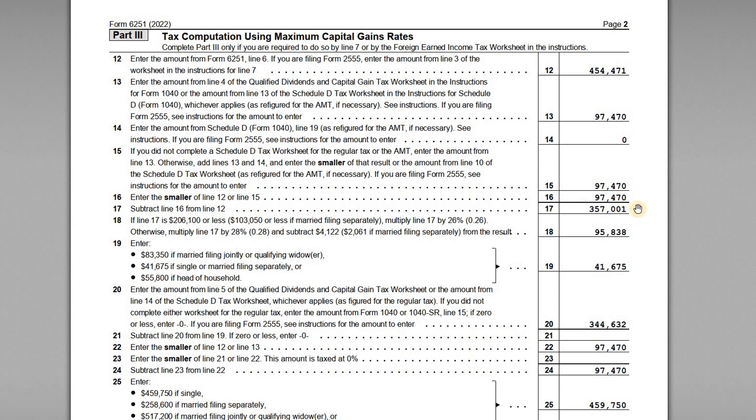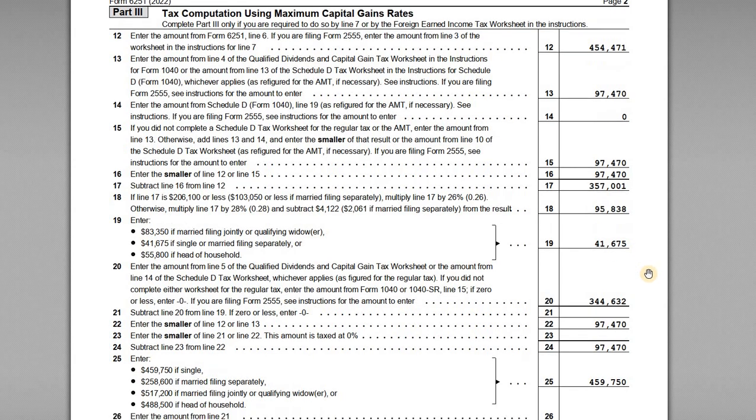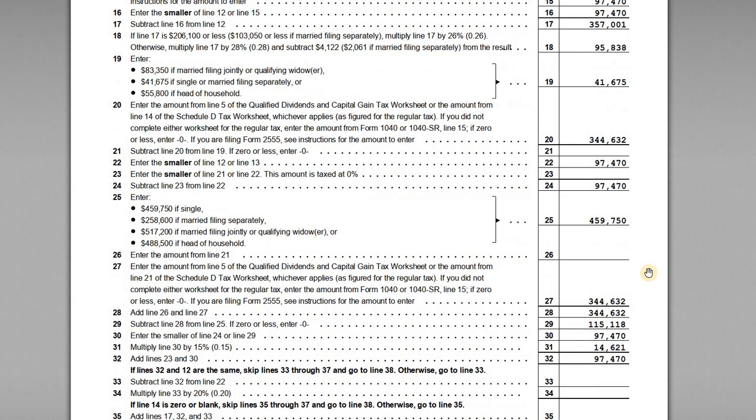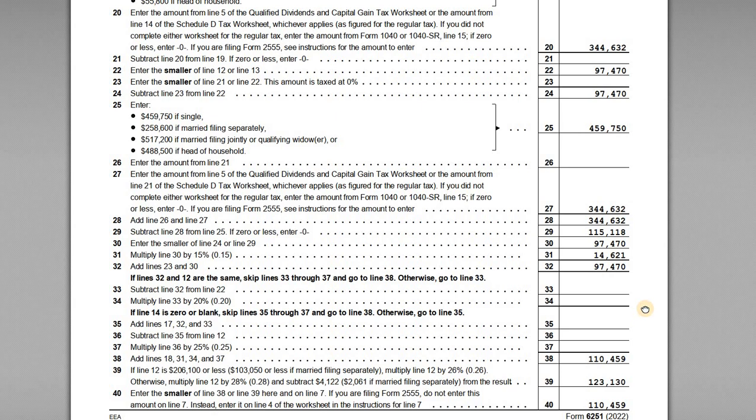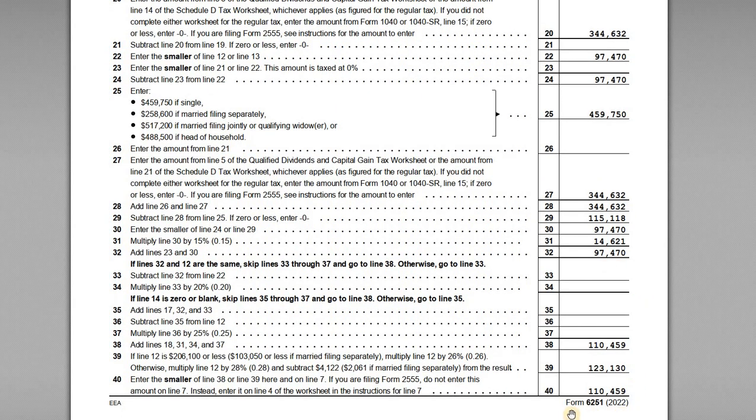Again, I won't go through all of it in detail, but if you go through the line items and follow the instructions carefully, what you'll find is that you're calculating the tax in a similar fashion to what you do on that qualified dividends and capital gains tax worksheet. So at the end of the day, the bottom line number here that John has is the $110,459. That is the minimum tax that John has to pay for the year, given all of his income.